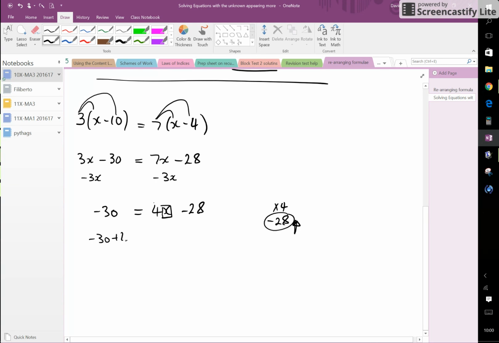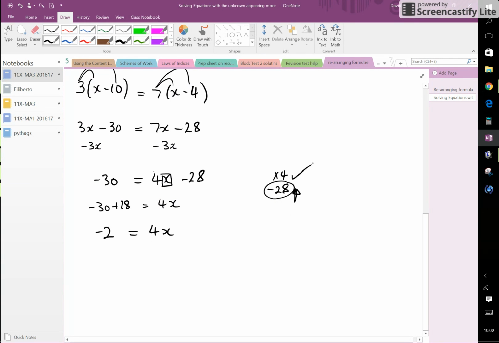The minus 28 goes away because we've got minus 28 plus 28. Minus 30 plus 28 is minus 2. And then we can divide both sides by 4. And therefore we get x is minus 2 over 4, cancel down, minus 1/2 is the answer.